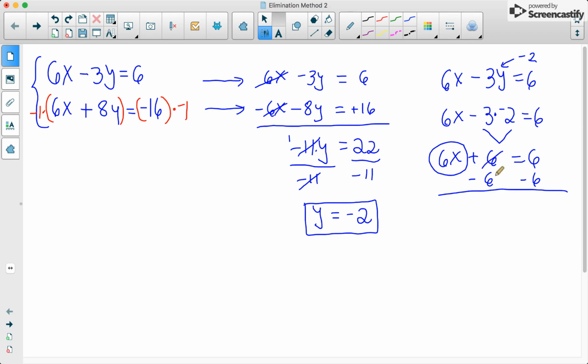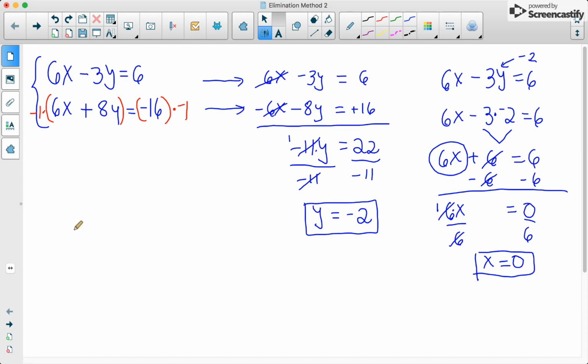When I do that, these cancel out because positive 6 minus 6 is 0. The 6x comes down like this. And also here, 6 minus 6 is just 0. Okay, so I'm going to divide both sides by 6. So 6 divided by 6 is 1. So 1x is equal to 0 because 0 divided by 6 is 0.